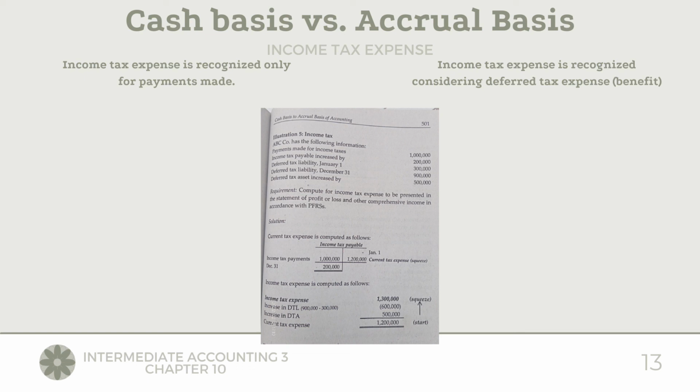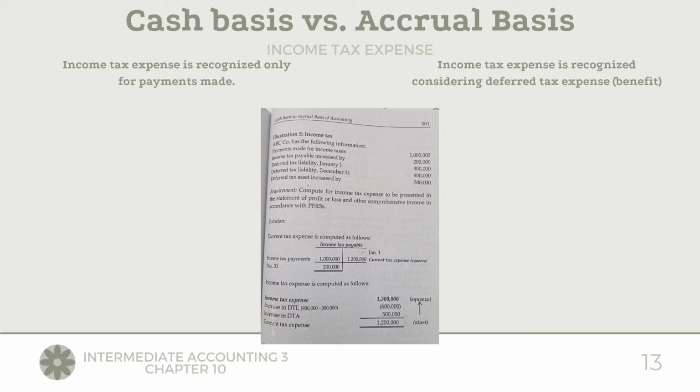The income tax expense is 1,300,000 minus the increase in deferred tax liability ng December 31 na 900,000 minus the deferred tax liability for January 1 na 300,000. And we will get 600,000. So, subtract lang natin siya sa income tax expense na 1,300,000 at i-add natin yung increase in deferred tax asset na 500,000.